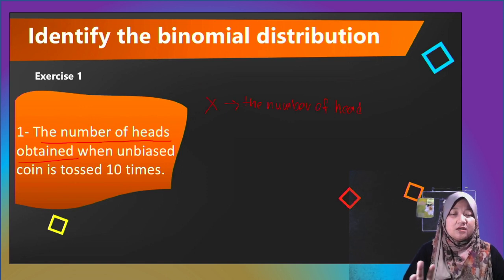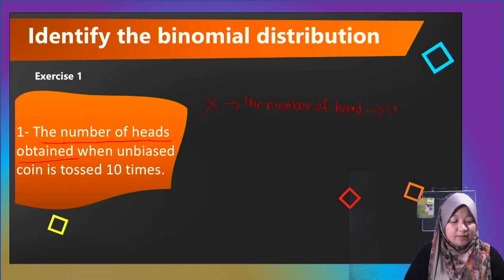Maksudnya ada dua kemungkinan. Kita mendapat number of head. So, yang kedua adalah not number of head. So, we have two possible outcomes. So, this one becomes the success event. Right? So, this one is a binomial situation.